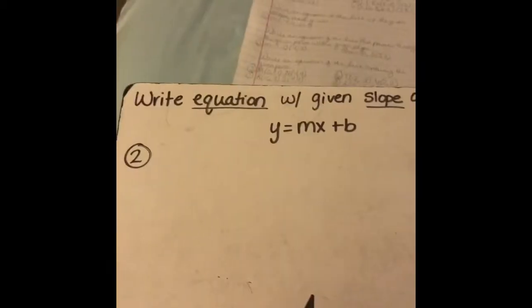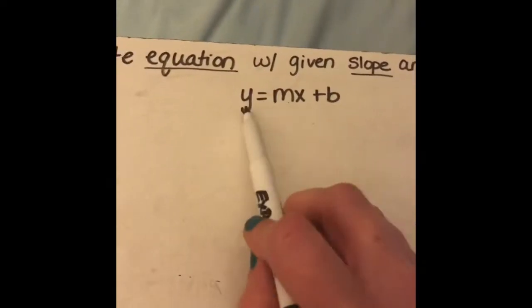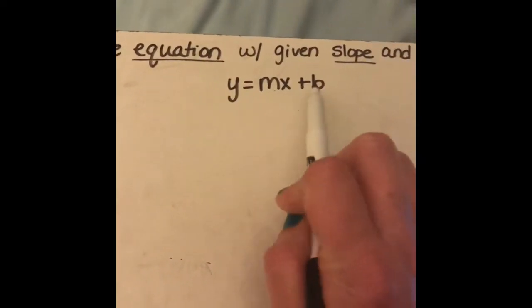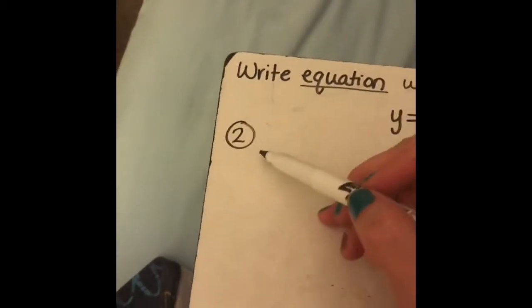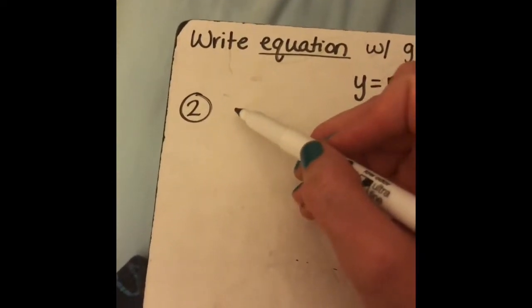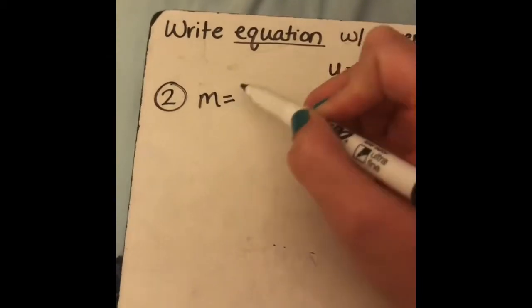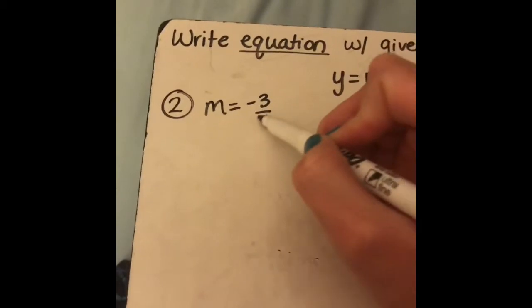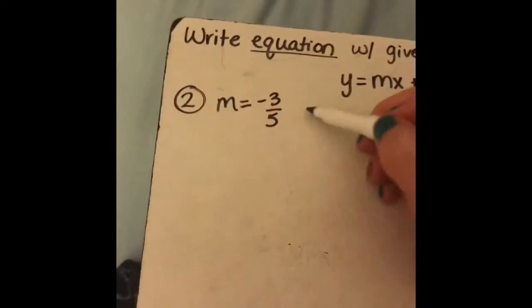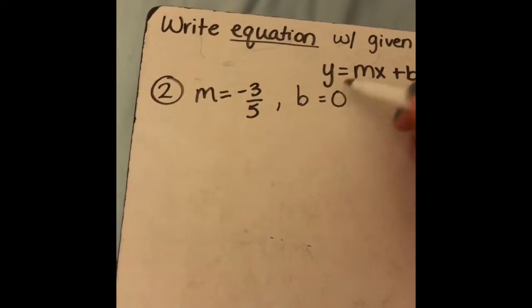Okay, on the next page, it says write an equation with a given slope and y-intercept. So you'll use this form, which is y equals mx plus b. You are given the slope, which is m equals negative 3/5, and you're also given the y-intercept, which is 0.